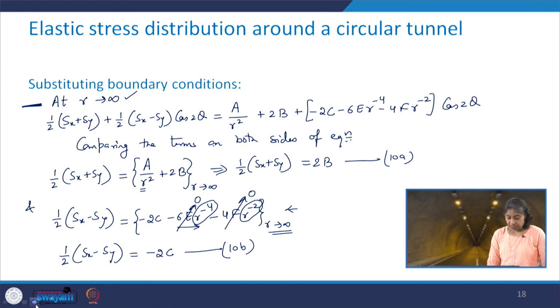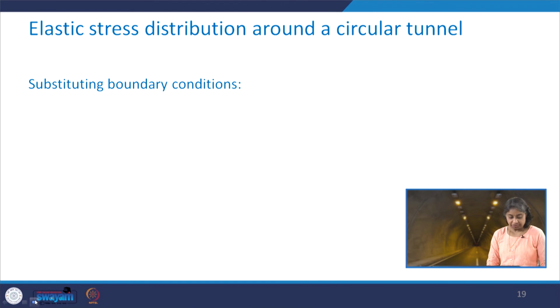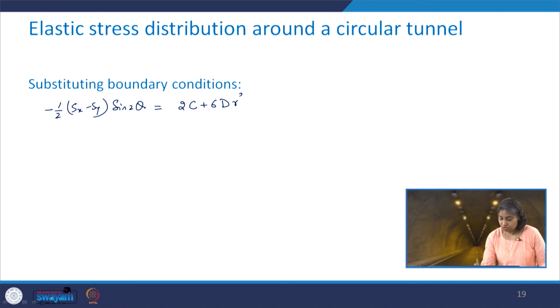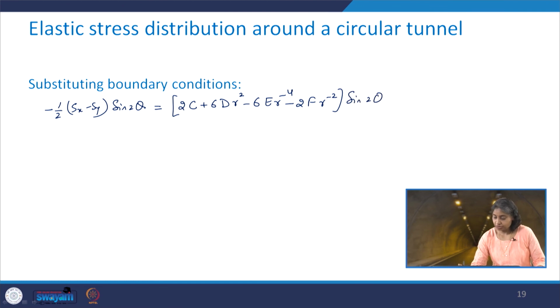Okay. Now, what will happen even at r tends to infinity to your tau r theta. So, what we are going to get is half (Sx minus Sy) into sine of 2 theta, that is equal to 2c plus 6d r square minus 6e r to the power minus 4 minus 2f r to the power minus 2, this multiplied by sine of 2 theta.